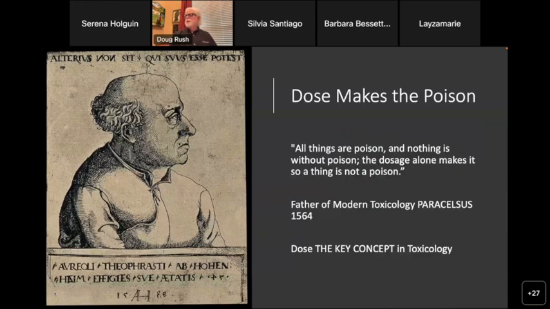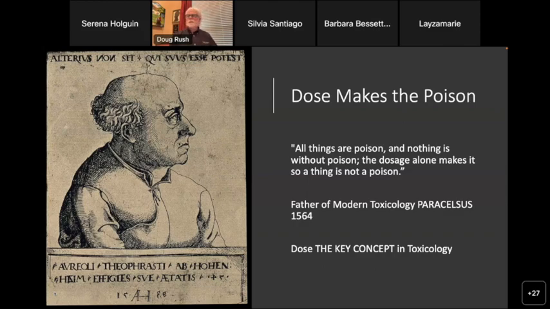We need to understand things about the dose. Everyone's seen this before. Dose does make the poison. Even, I've heard that a spoonful of water, you can drown in it if it's breathed into your lungs. So dose and how you're exposed to something in the workplace makes a big difference.